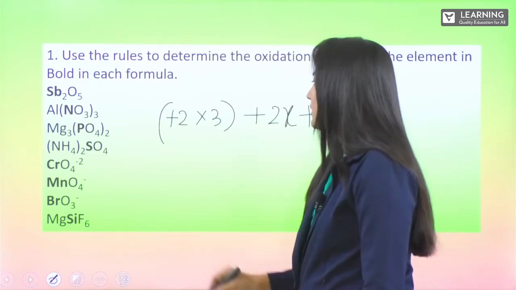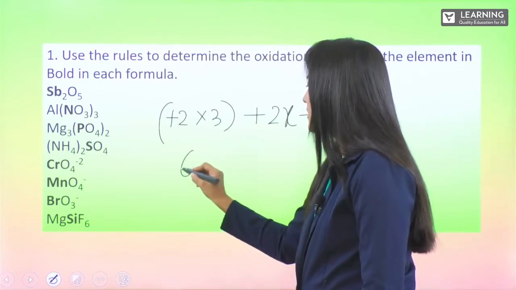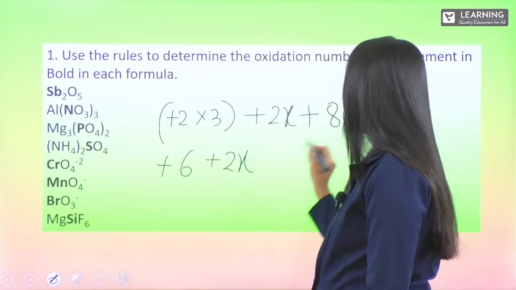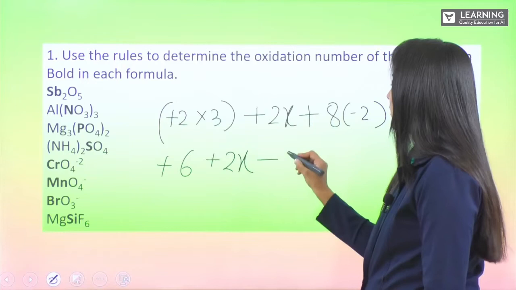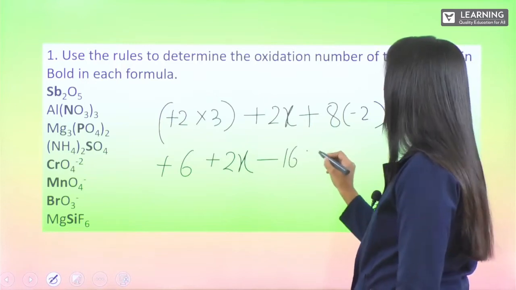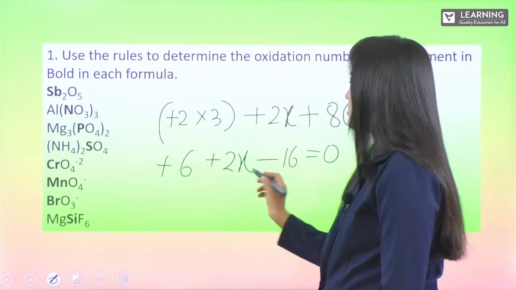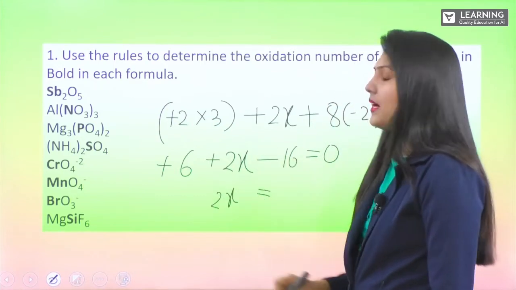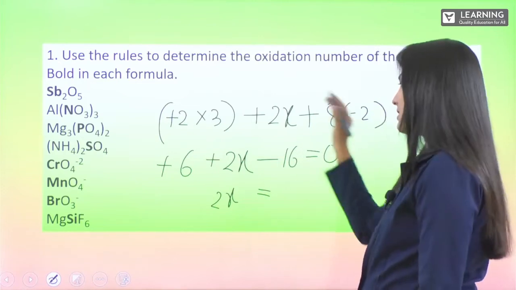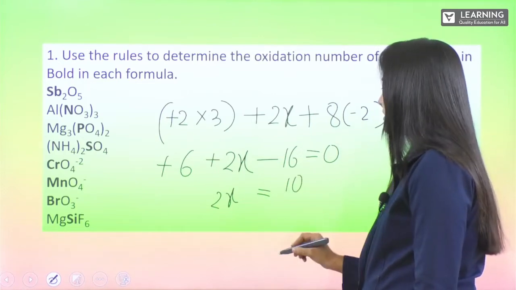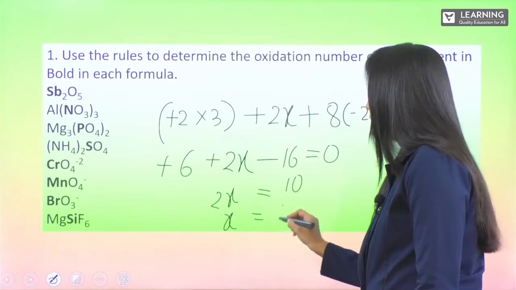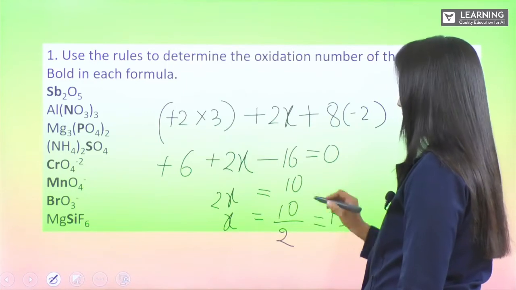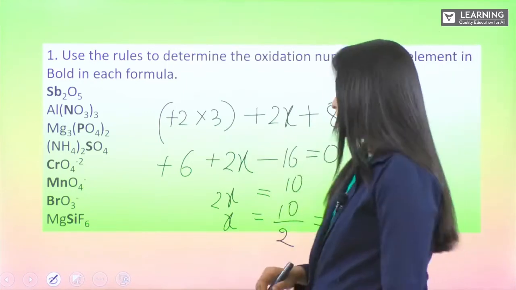So we get +6 plus 2x minus 8 2s are 16 will be equal to 0. So we'll get 2x equals 16 minus 6, which is 10. So x will be equal to 10 by 2. So you will get +5 for phosphorus. Got it?